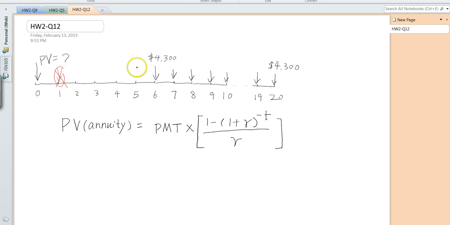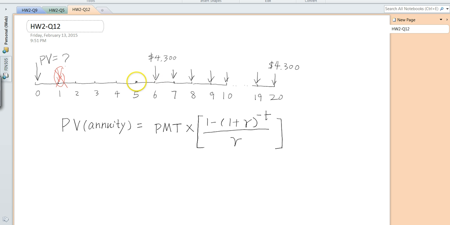If you look at the video recording I made for question number 5 in this homework number 2, you can probably better understand what I'm trying to do here. Even though the first payment starts from year 6, relative to the true current year, year 6 obviously is not year 1, it's not the end of the year, right?